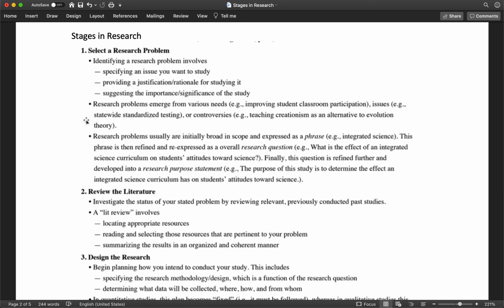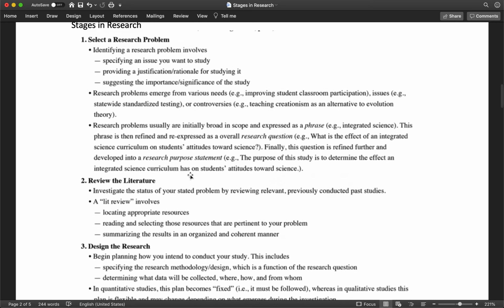And what I want you to do for this week, and you'll see it later in the document, is come up with at least 3 research topics, problems overall, and I want you to specify the issue, provide the justification, and suggest an importance or significance to the study. While this bullet does not have the significance aspect of it, I would add another sentence or paragraph defining the significance.